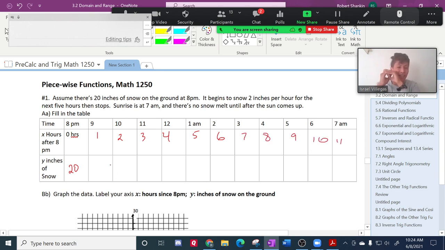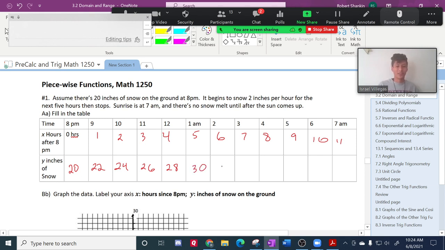Okay. And then for inches of snow, there was 2 inches per hour for the next 5 hours. So for 9 p.m., it's 22 inches of snow. And then for 10 p.m., it's 24. And then 11, it's 26. And then 12, it's 28. And 1 is 30.